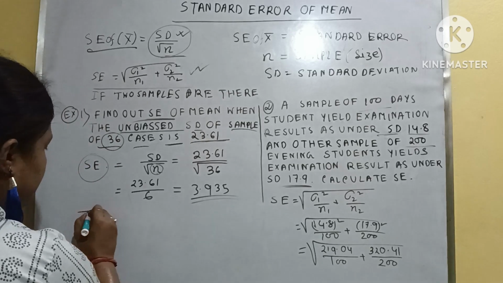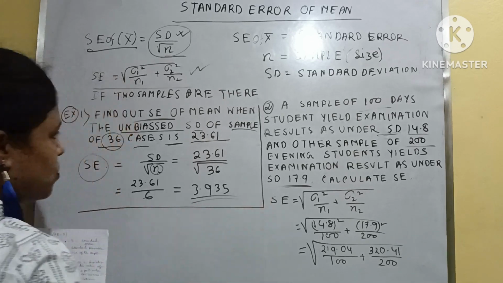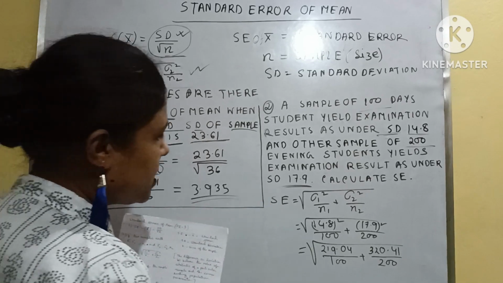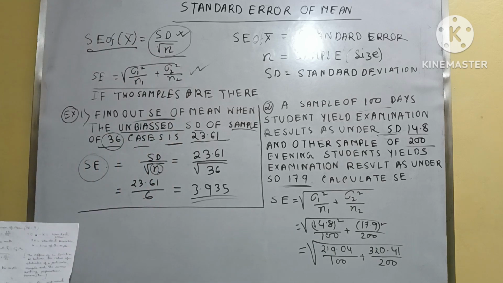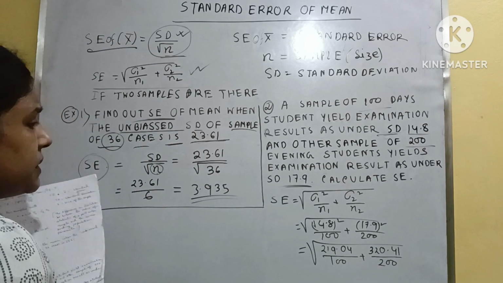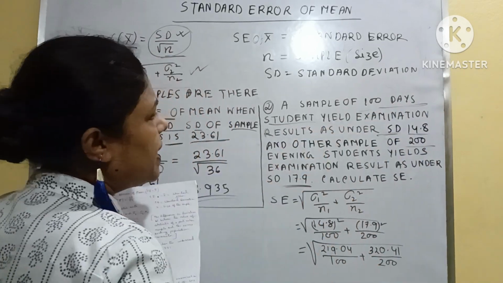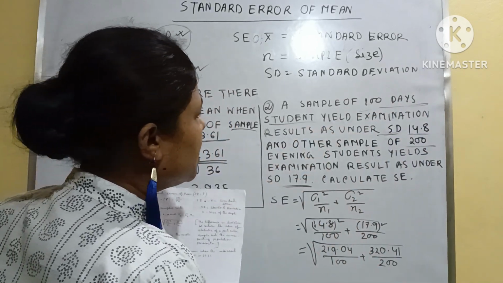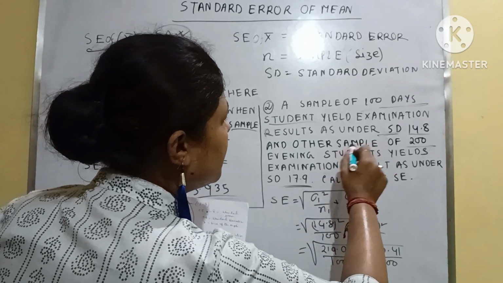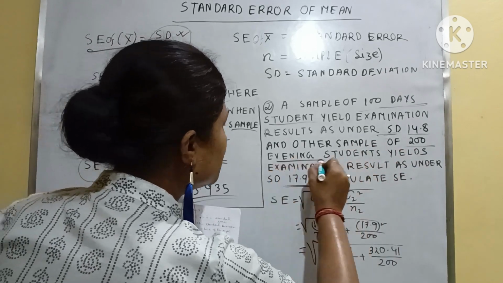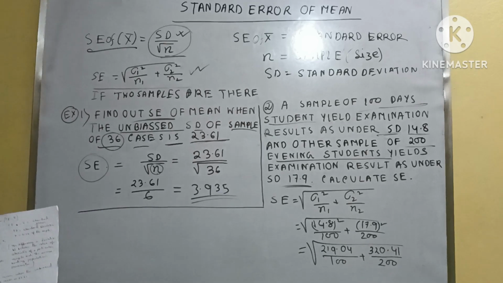By striking one line, you can understand which one is first and which one is second. So here x1 is the day students. Clear? And x2 is the evening students. Clear?